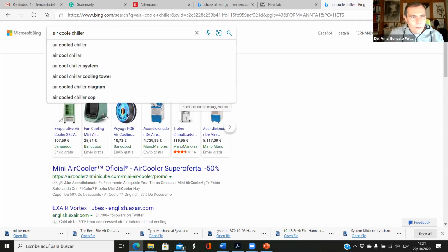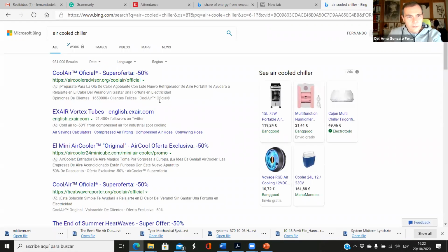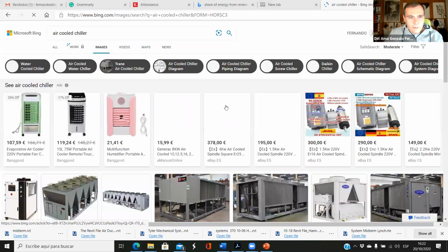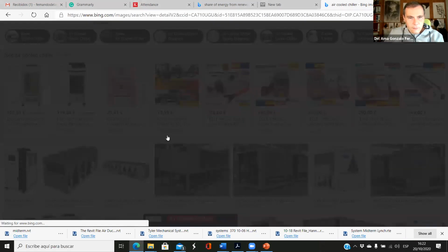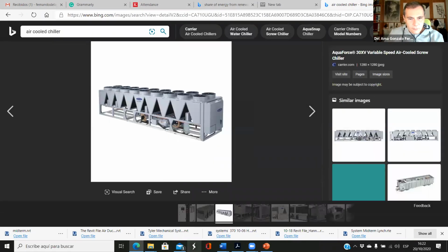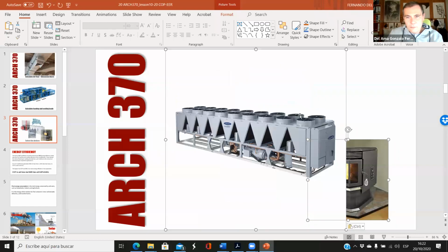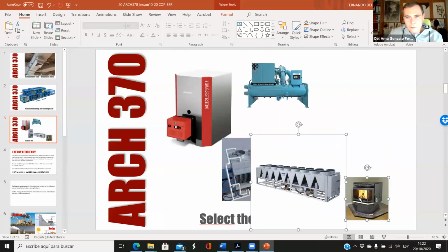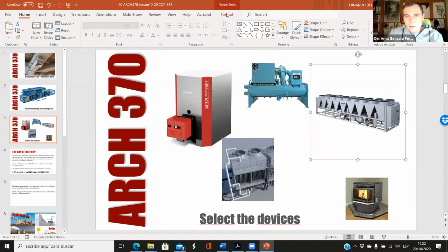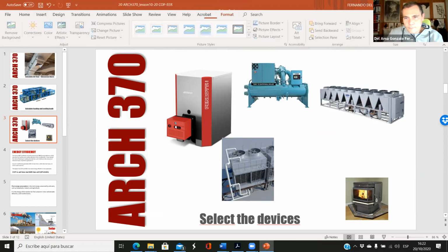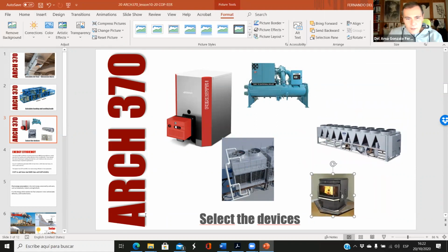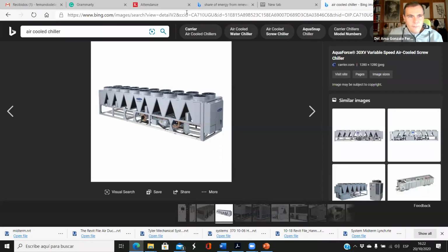Air-cooled chiller. This one. Okay, so I want to include here this air-cooled chiller. And we can include a ground source heat pump.